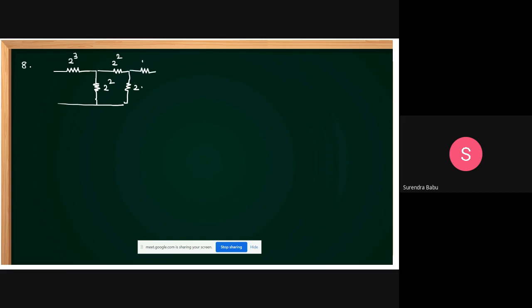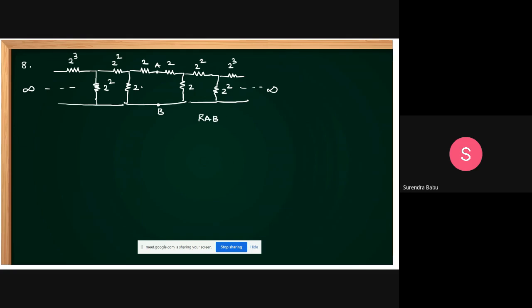This is 2. This also 2. Yes, friends. This is 2. This is 2 square. This is 2 square. This also 2 square. This is 2 cube. This is infinity. Let this point be A. This point is B. What is RAB?